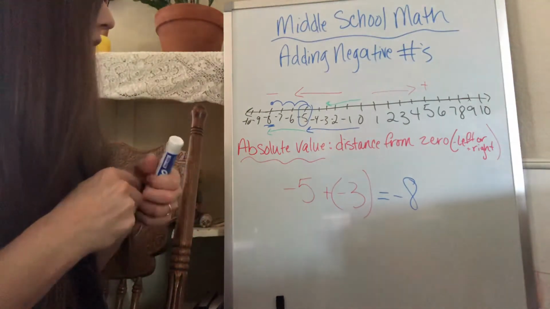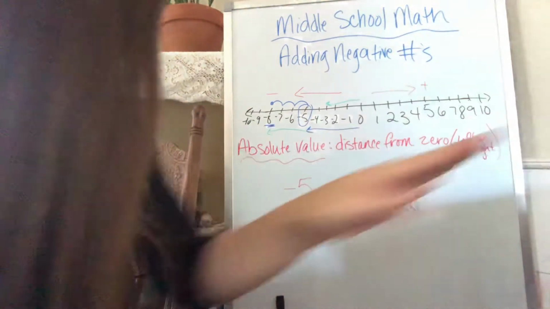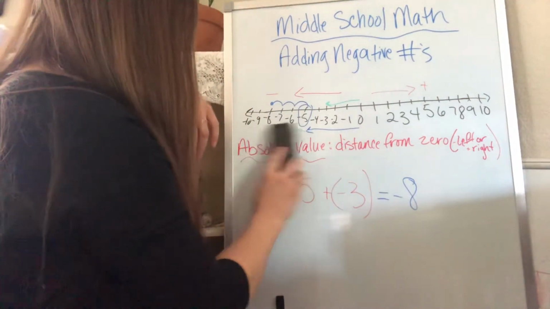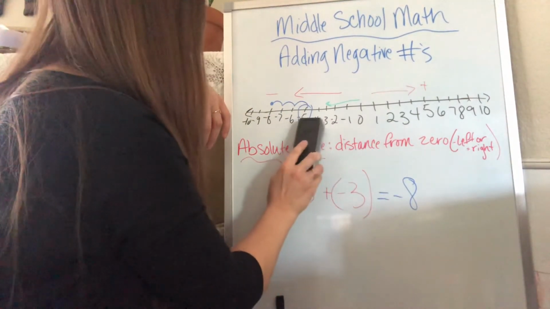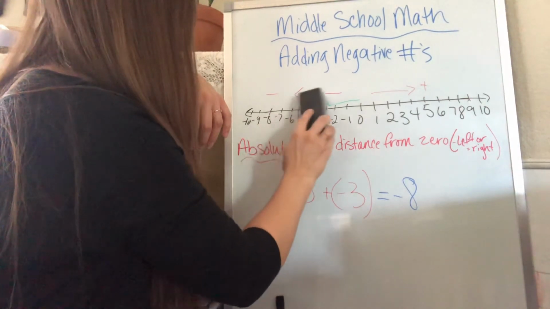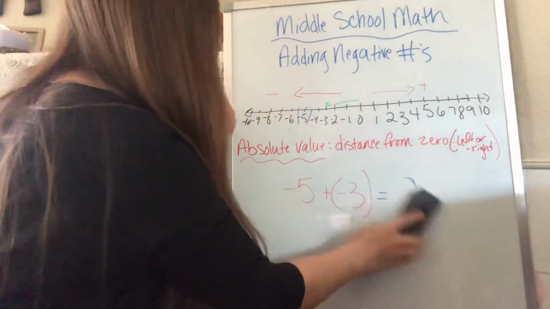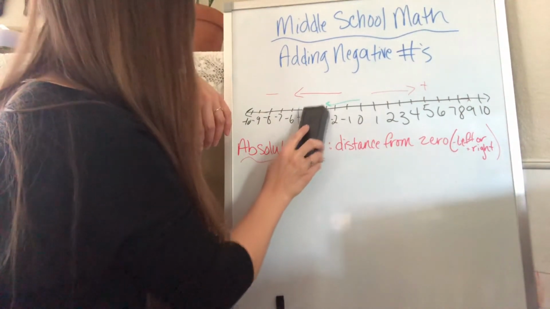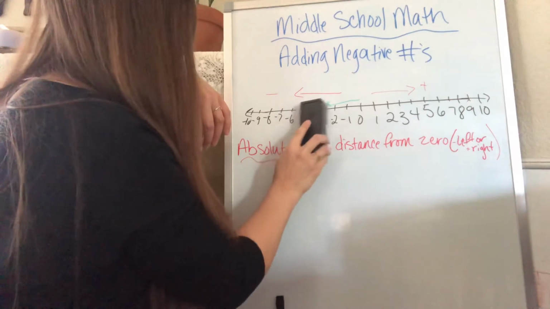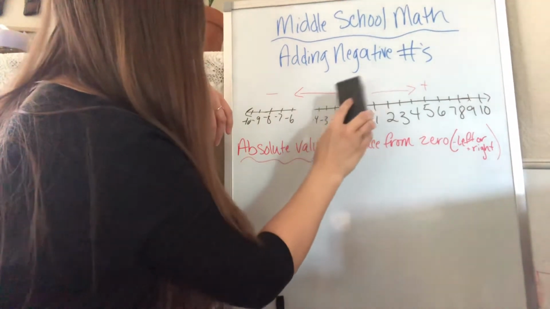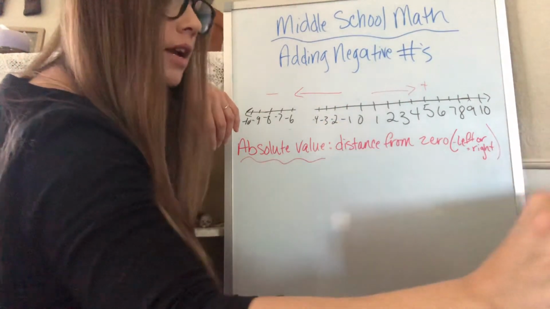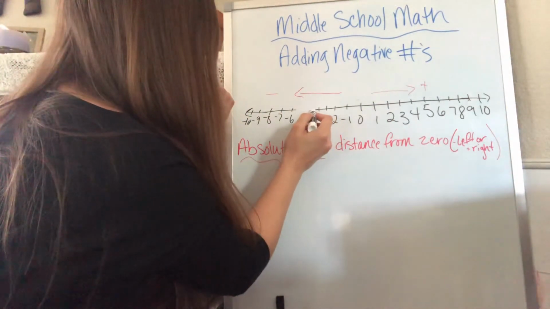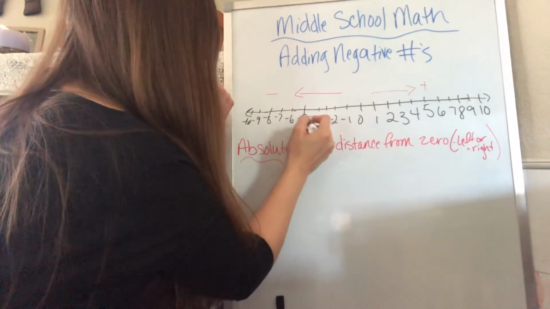We will try a couple more together. This is essentially all you're doing when you're adding negatives. Adding negatives is one of the easier operations to do with positive and negative numbers. When we get into subtraction, like we will in our video on Thursday, it'll be a little trickier, but this one's pretty simple.